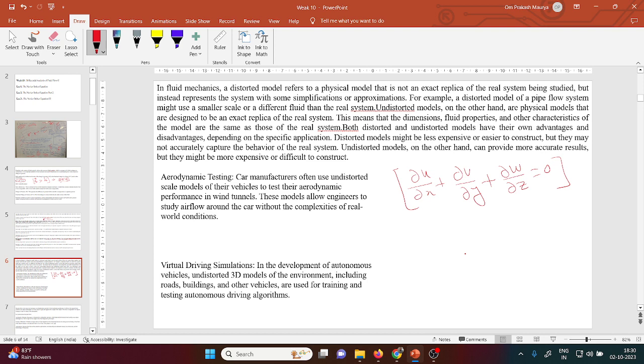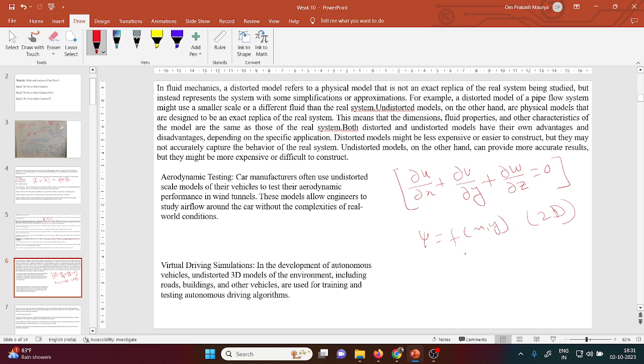We just try to reduce these things, to write this equation in terms of the stream function. Why is it constant only for 2D, not 3D? The reason is that the stream function should follow the continuity equation, so this is the concept.